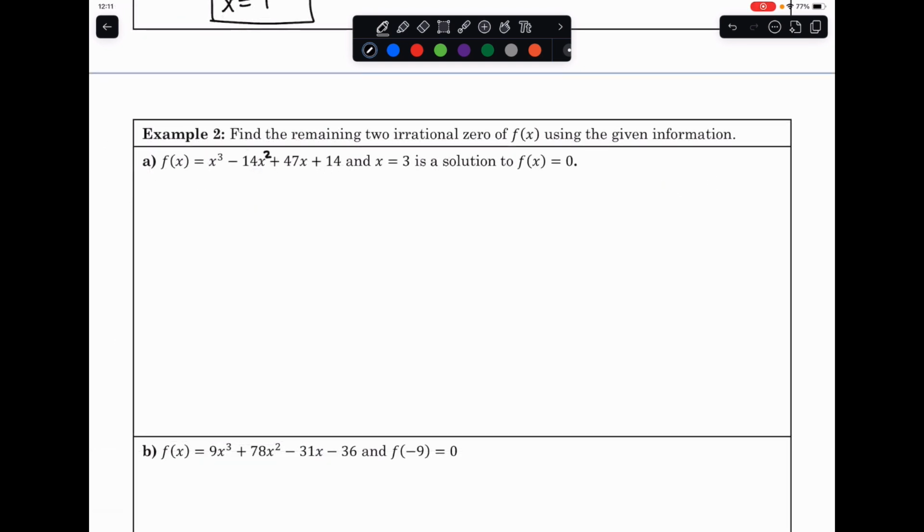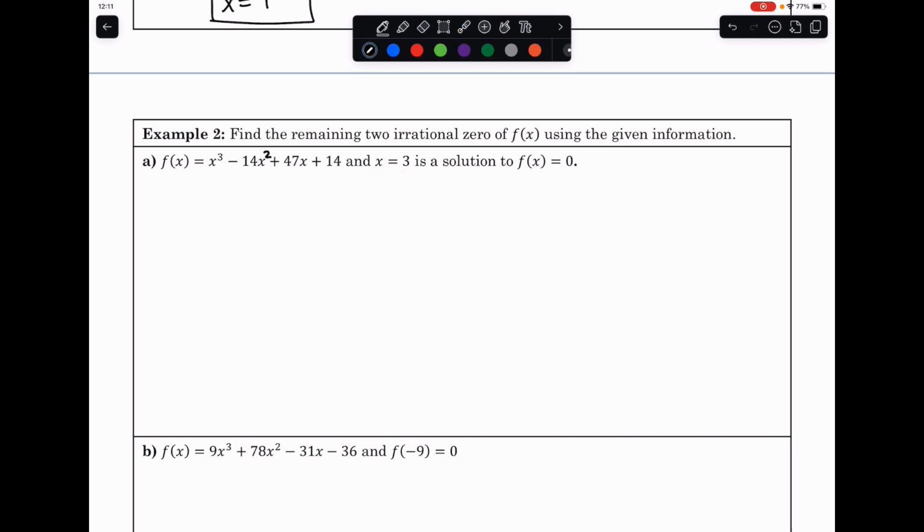Now let's find again the two remaining, this time irrational zeros of f of x, using again the given information. So we have a polynomial function. Make sure that you write a 2 right here because that technically should be a 2 in order for this to work. And we're given that x equals 3 as a solution to this equation, meaning that this is equal to 0, and we know one of the solutions, x equals 3.